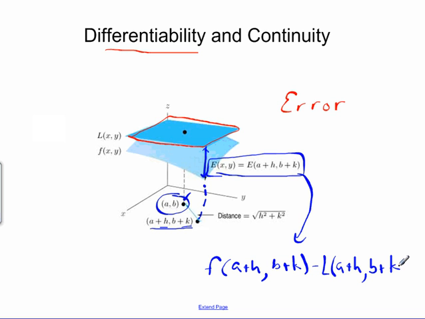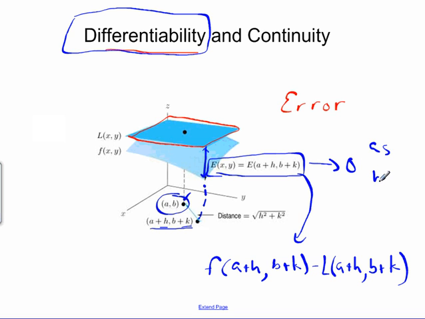Ideally, we want to make our error really, really small. So the idea of differentiability is that provided this error gets close to 0 as h and k get close to 0, we say the function is differentiable, or in other words, that we can approximate it with a plane.